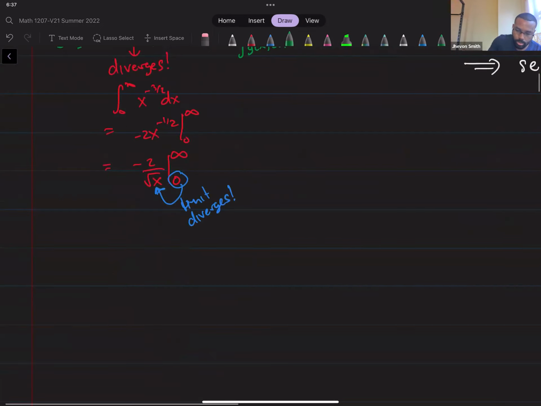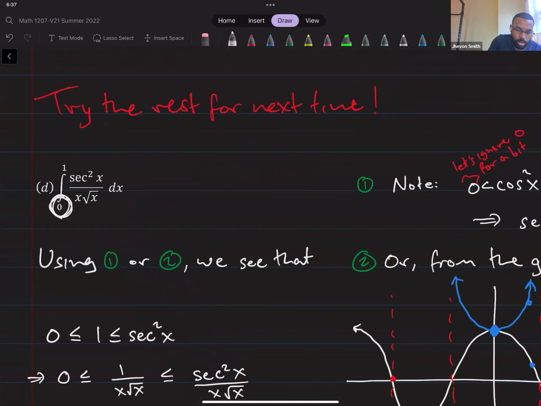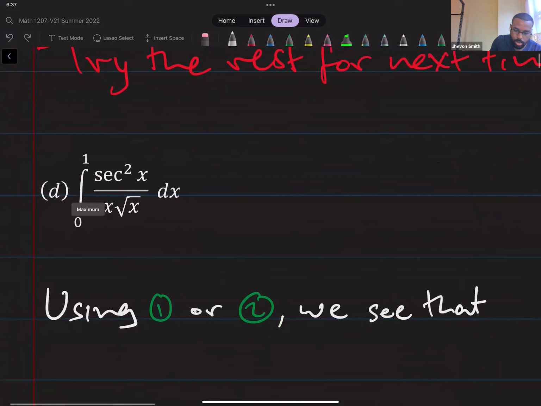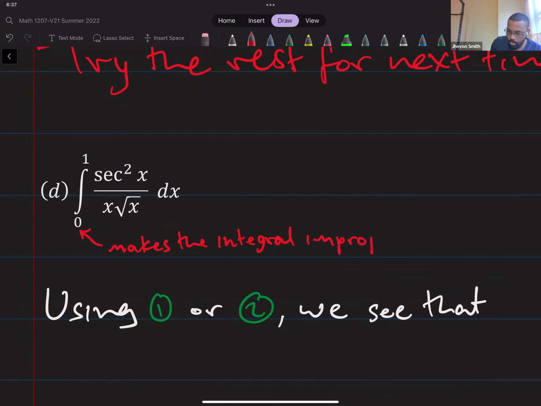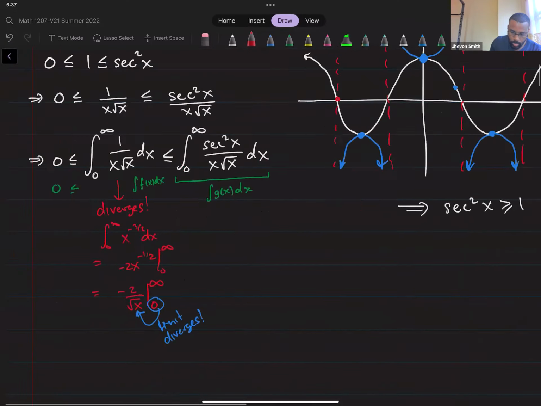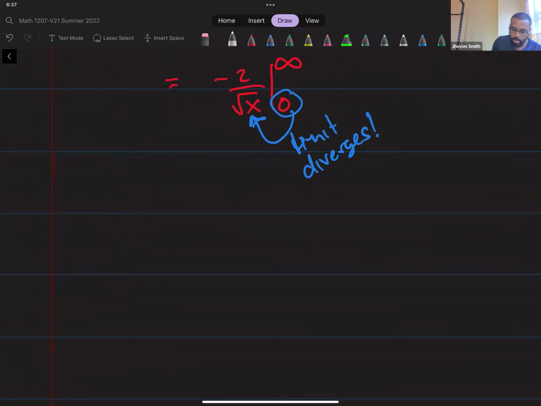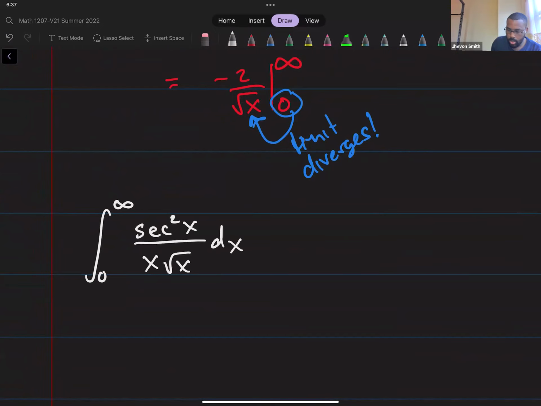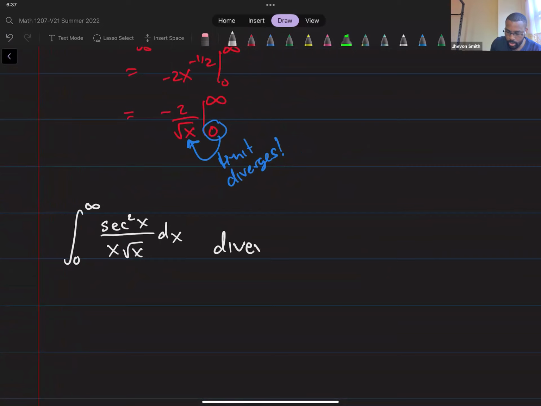And obviously this is improper because of the 0 in the bottom. So then I can say the integral diverges by comparison.